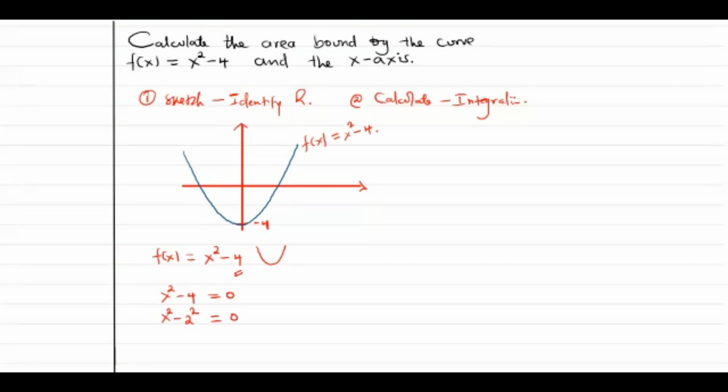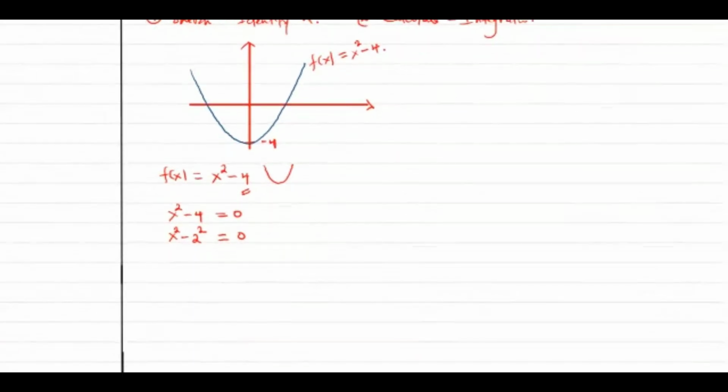And as you can see, this is a difference of 2 squares. And being a difference of 2 squares, we can factorize it and say that x minus 2 multiplied by x plus 2 is equal to 0, which implies that x is either equal to -2 or x is equal to +2. So this will give us the values of x at the point where the curve intersects the x-axis.